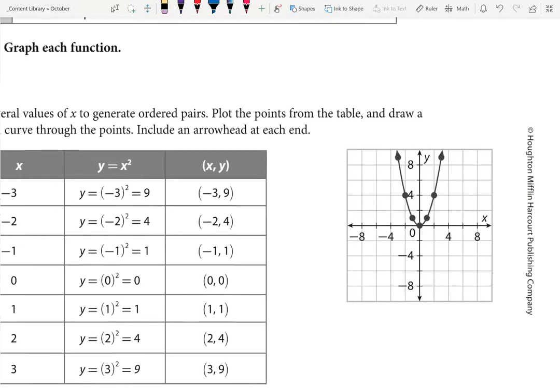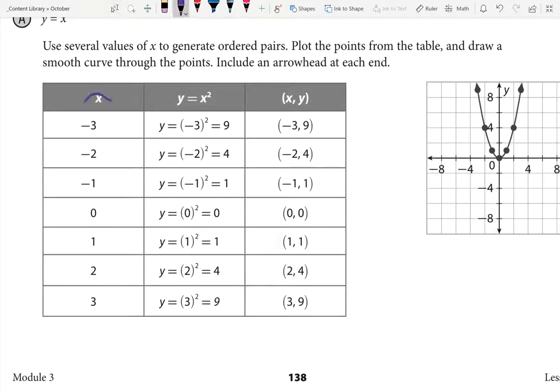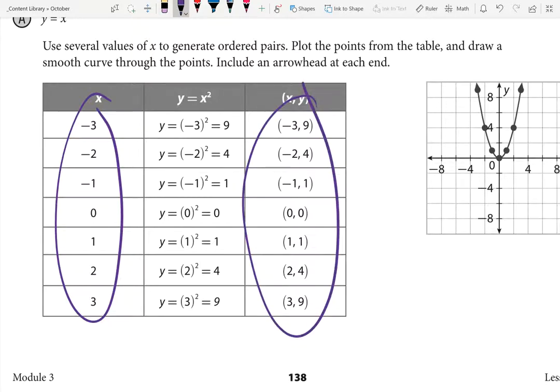So you can see in this example, they have selected these numbers, -3, -2, -1, and so on, because those numbers give you output values, give you points that can fit on your graph. So -3, 9; -2, 4; -1, 1; 0, 0; 1, 1; 2, 4; and 3, 9. Those all fit on that graph.